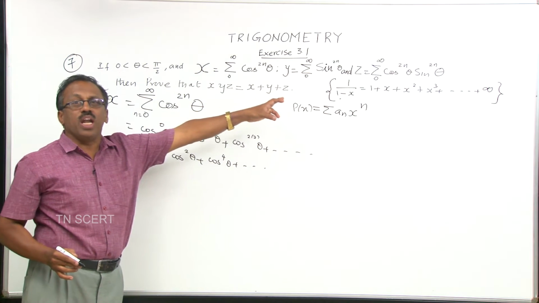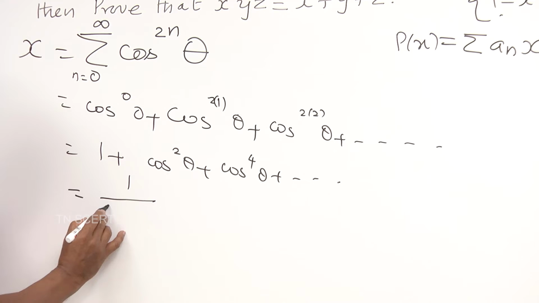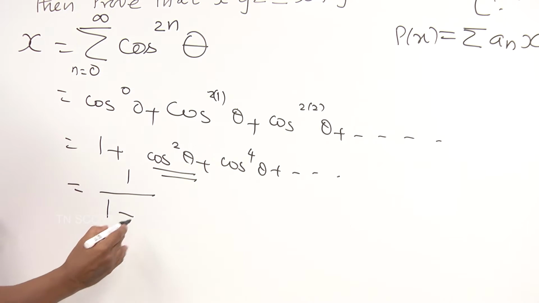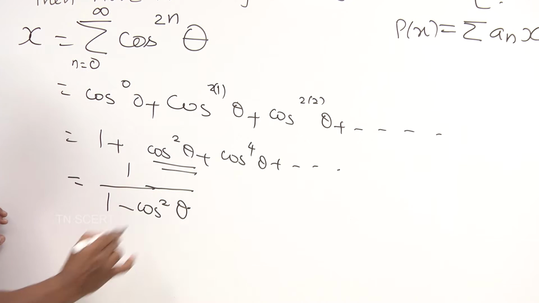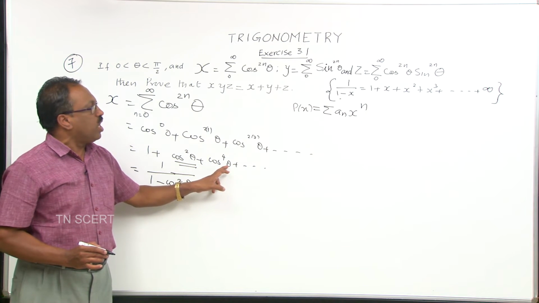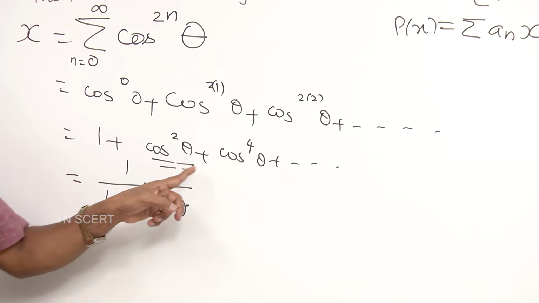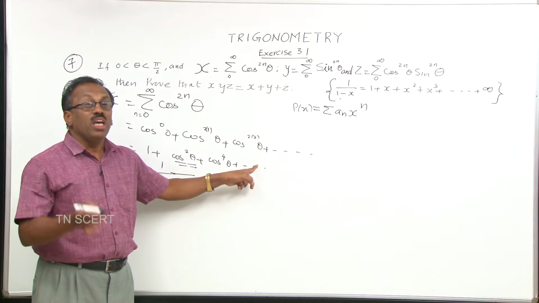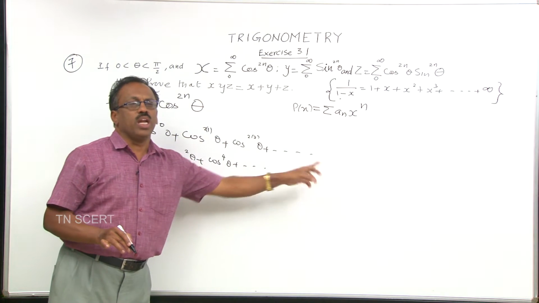This is the algebraical identity: 1 by, instead of x, we use cos square, that is 1 minus cos square theta, equal to 1 plus cos square theta plus cos power 4 theta, since x square means cos power 4 theta. The next term would be cos power 6 theta according to this problem. It keeps going like this.